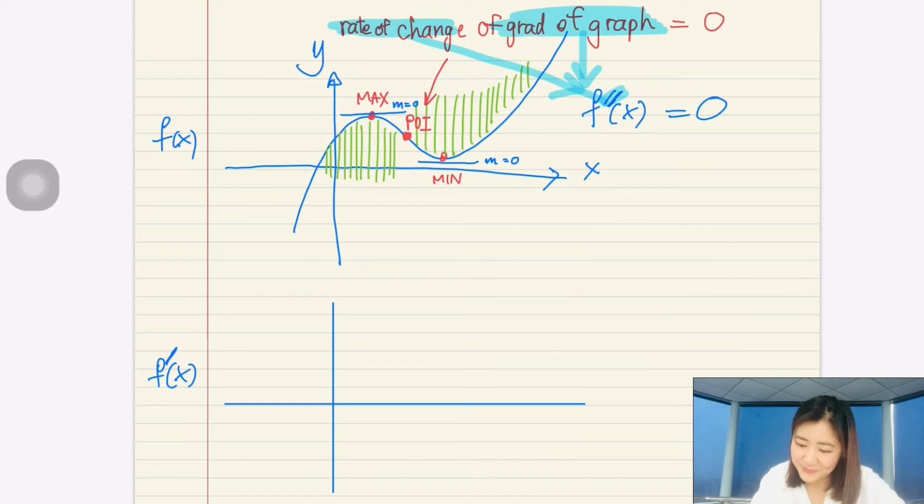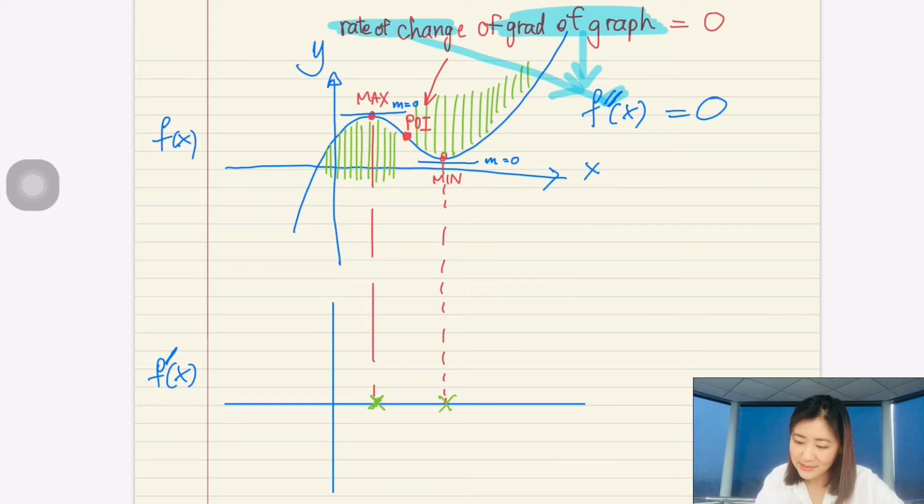At the maximum, the gradient is 0, therefore the graph would cut this point. At the minimum, the gradient is also 0, so the graph would cut this point.